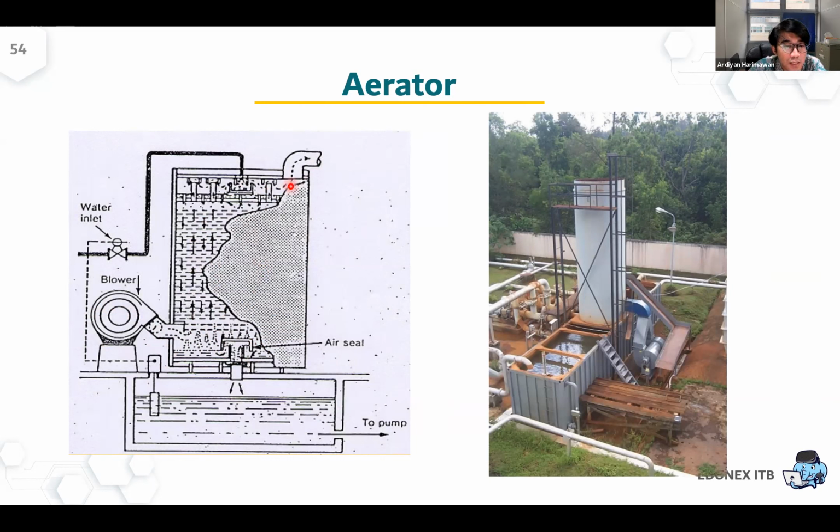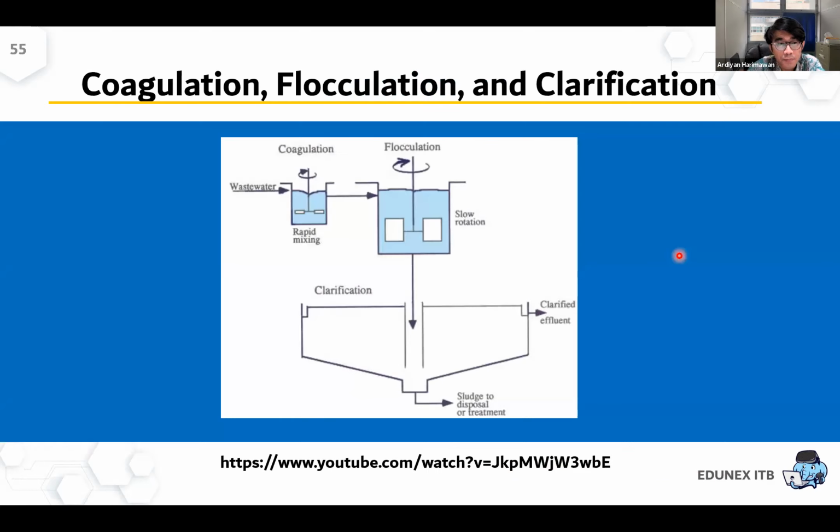That's why the clean water will accumulate at the bottom part. So the unit should look like this. This is the blower, and the water is delivered from the top part, and then the aerated water comes out from the bottom part. Okay.